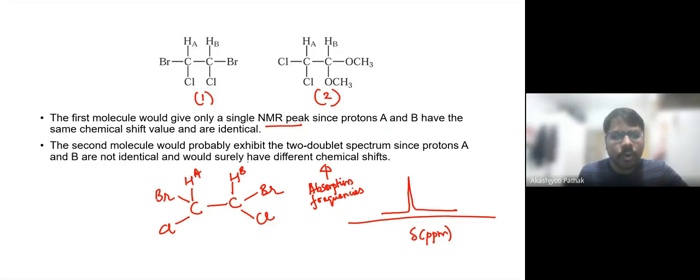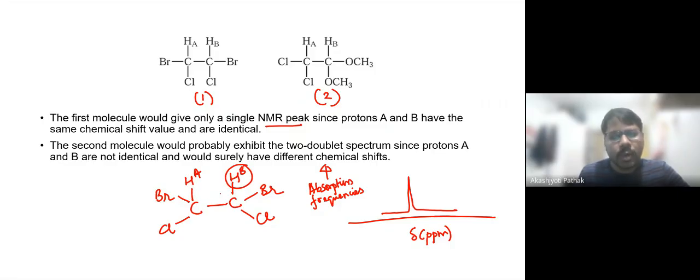Now if you look at this other proton, it is also surrounded by the same groups, bromine, chlorine, and this bigger group. So the chemical environment of HA proton and HB proton are the same, right?